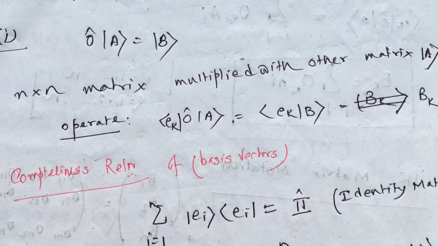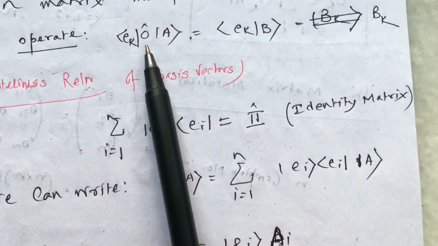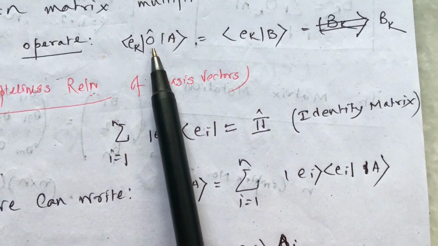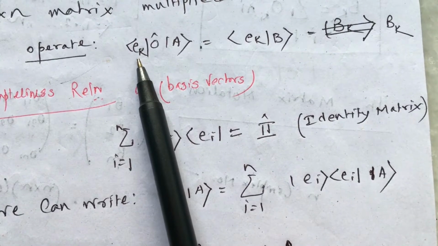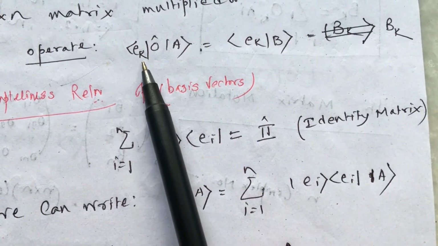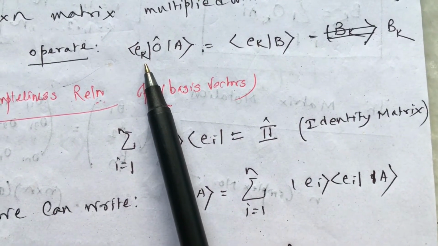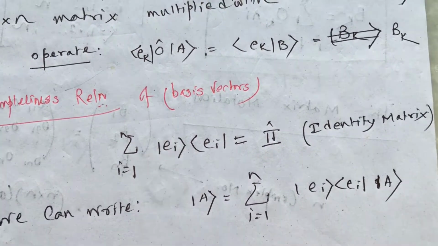B. What happens when I sandwich this operator O with a column vector and a row vector Ek? This is my base vector here. I have already discussed the basis vectors.